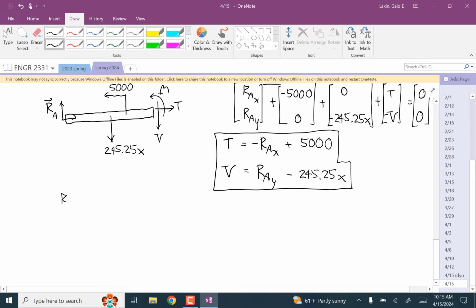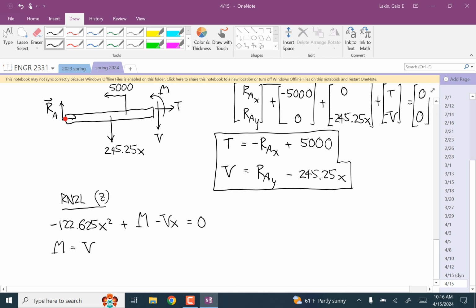And then the moment equation. Again, my about point is going to be over here at the left. So we have negative 122.625 x squared plus m minus vx is equal to 0.